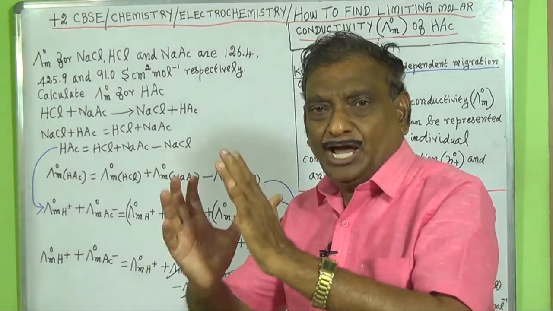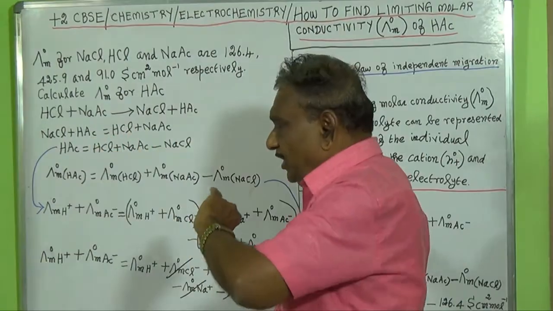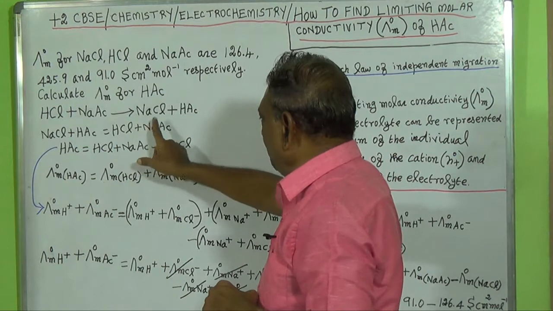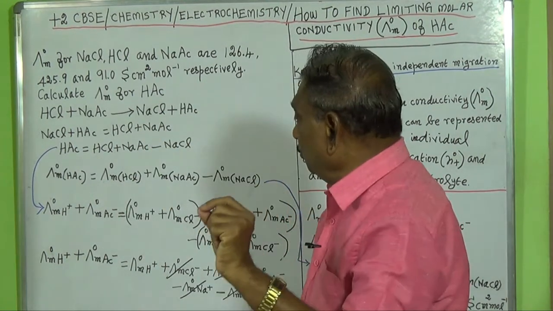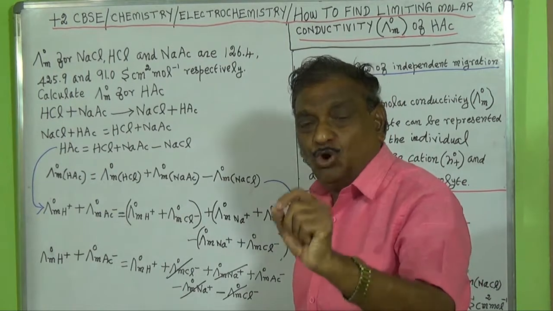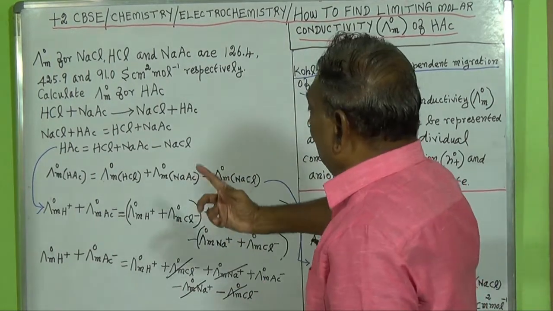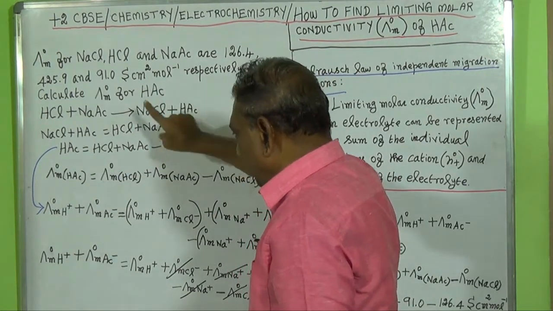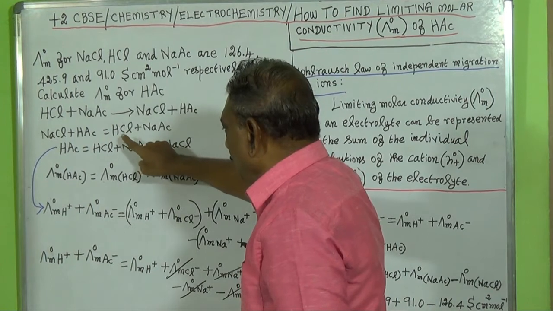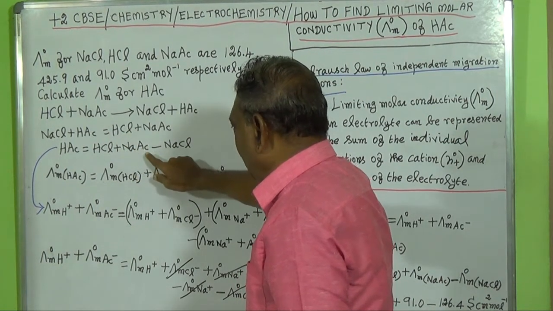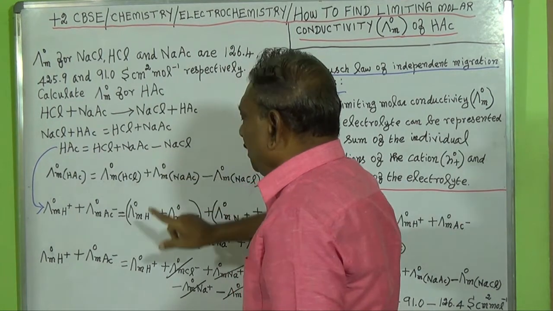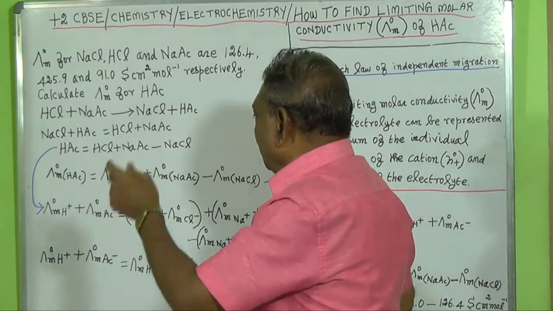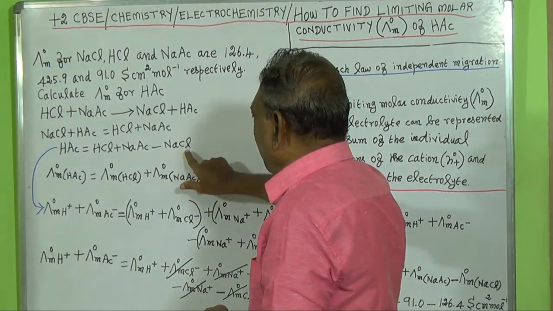It is a double decomposition reaction. If we write it interchanging the sides, we get sodium chloride plus hydrogen acetate equal to hydrogen chloride plus sodium acetate. Then, finding hydrogen acetate from this equation, we get hydrogen chloride plus sodium acetate minus sodium chloride. When we bring sodium chloride from the left side to the right side, it becomes minus sodium chloride.